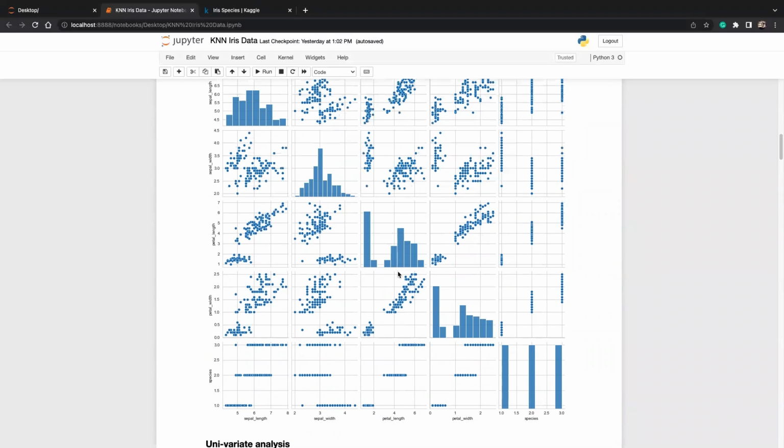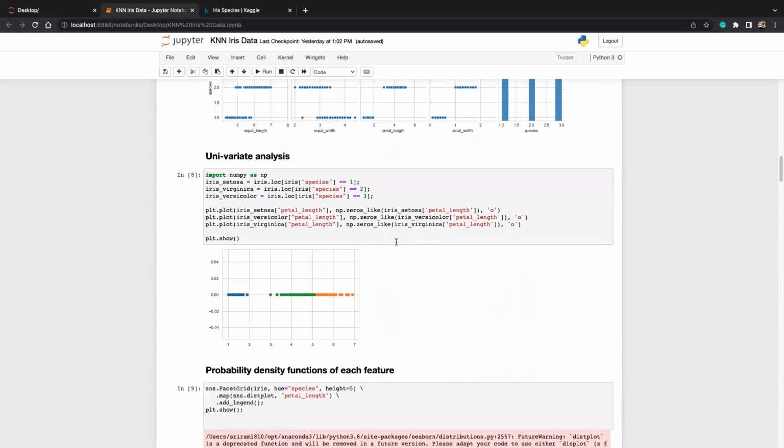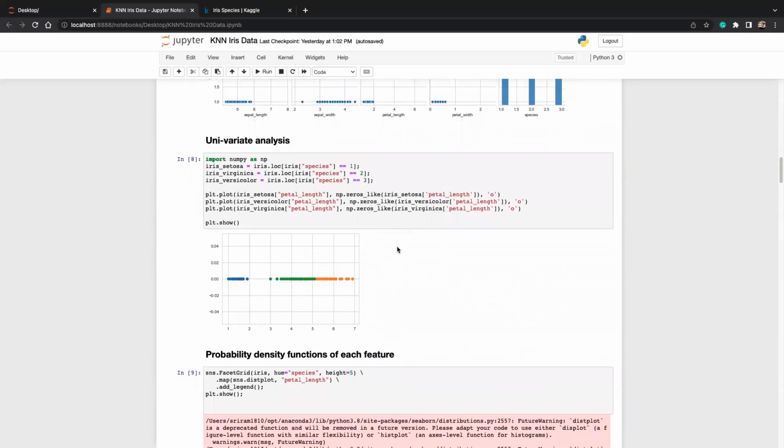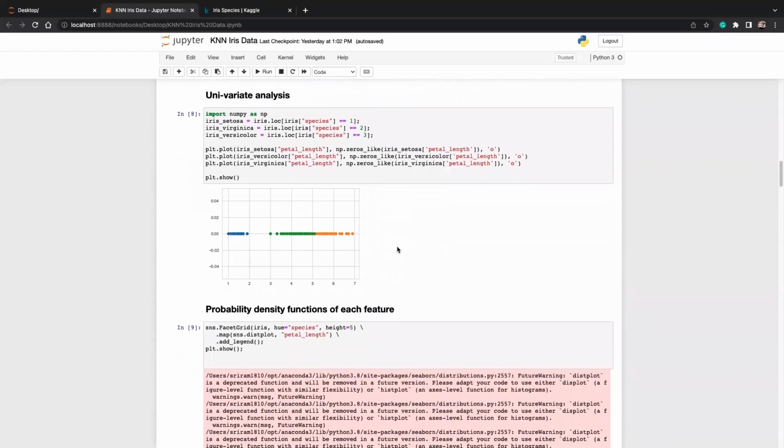And coming to univariate analysis. We have taken the petal length to classify the species by performing a univariate analysis.